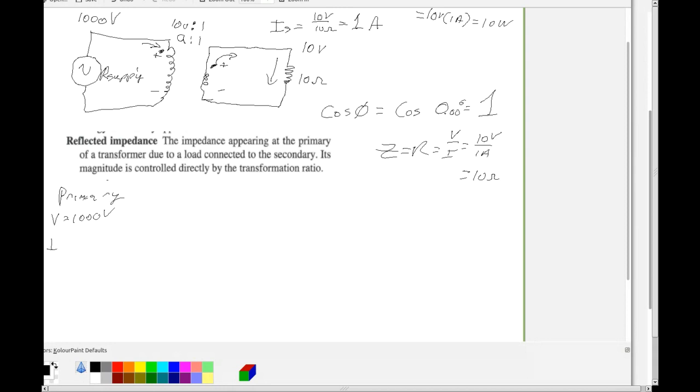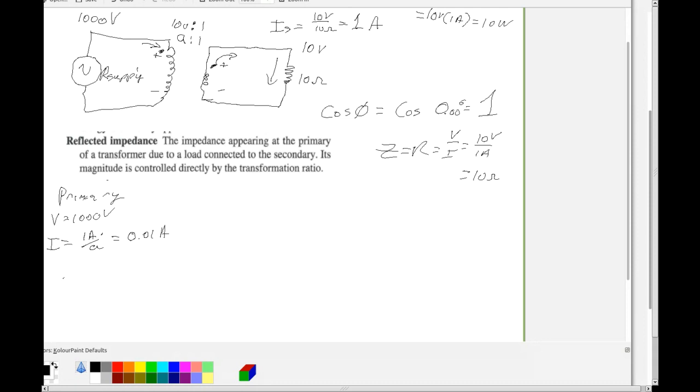But our current then, our current was 1 amp. Okay, and so we're stepping it down, right? So it's 1 amp divided by that. So the current becomes 0.01 amps on the primary side, right?